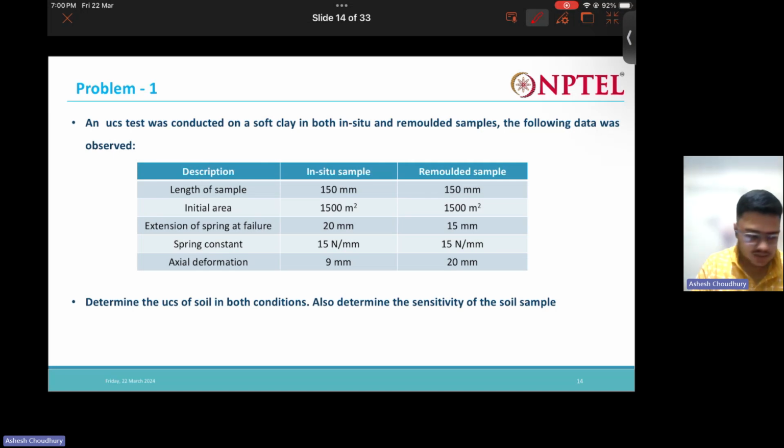Okay. So first, what shall we do? First, let us calculate the load. The extension of the ring at failure is 20 mm and 15 mm.